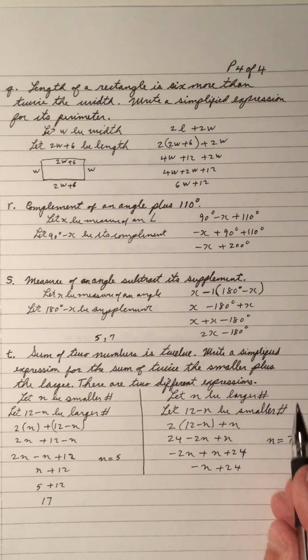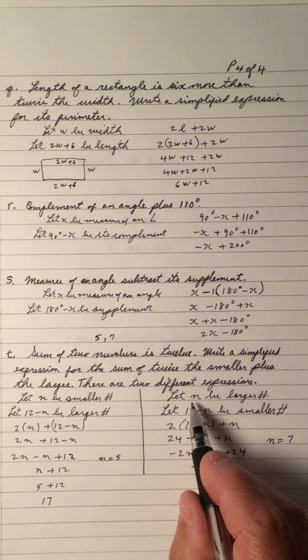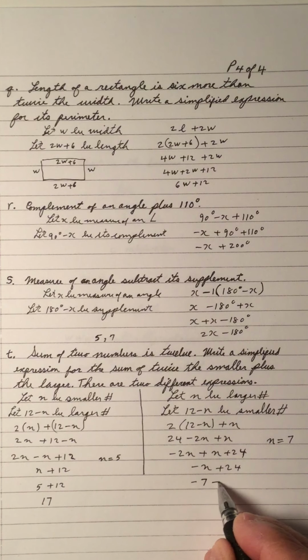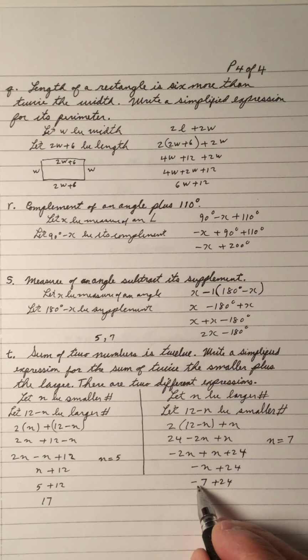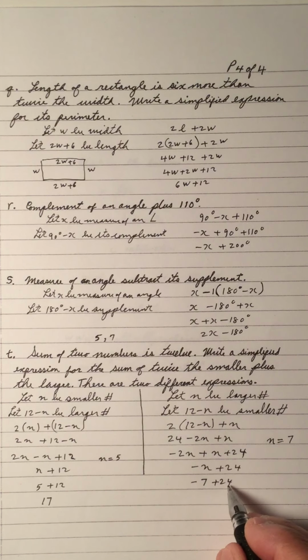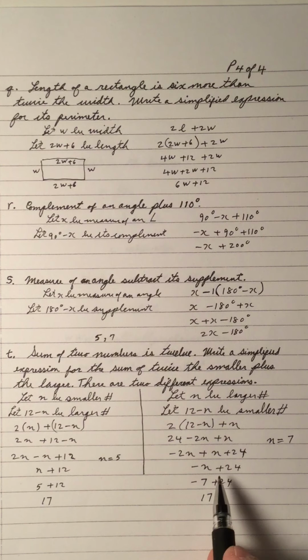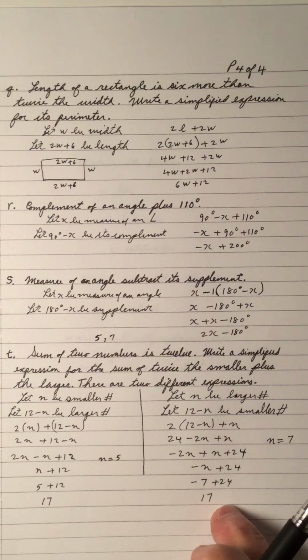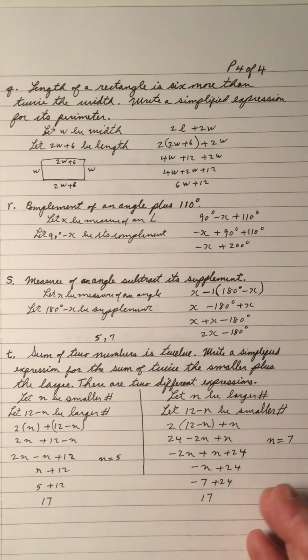Between the two numbers, I'm picking the 7 because I'm saying n is larger. So that's the larger number, add on 24. Negative 7 plus 24. n is the larger, negative 7 plus 24, 17. So the two expressions, even though they look different, end up with the same number if you use 5 and 7.